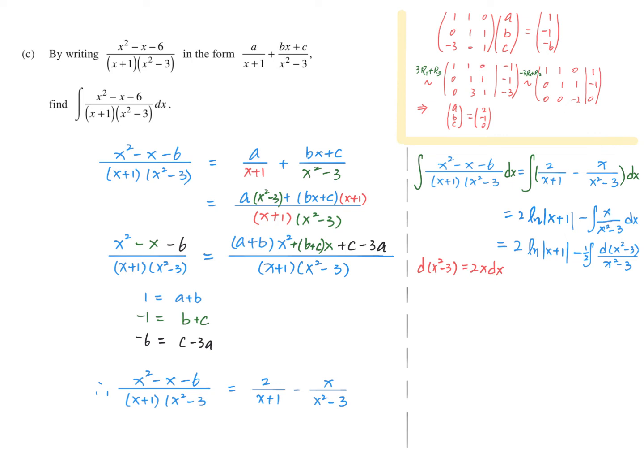Therefore, if we multiply by 2 and divide by 2 at the same time, we can change 2x dx into d(x squared minus 3). And so now we know how to do this integration. It is minus 1 over 2 log x squared minus 3 plus c.